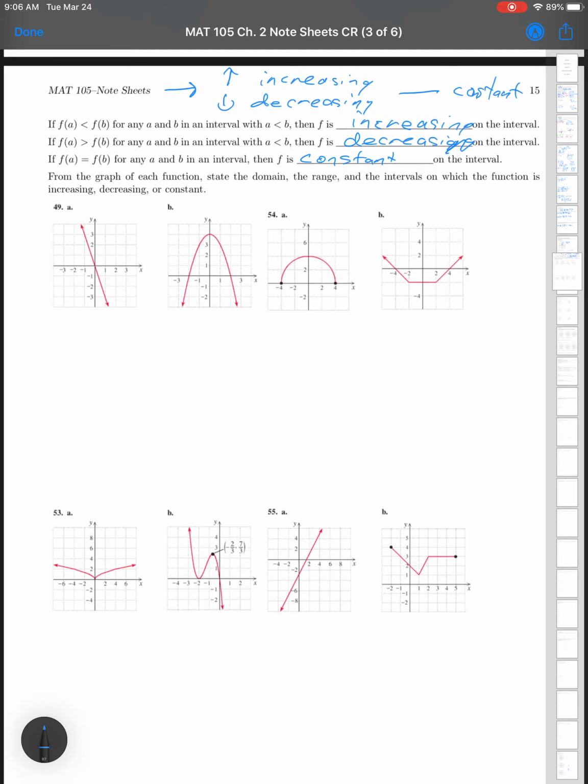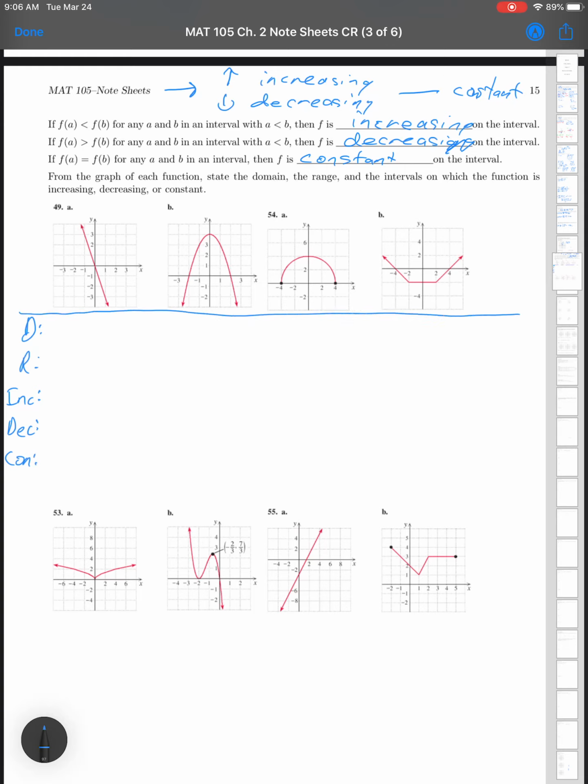So let's start with the thing we already talked about, which is domain and range for each one of these first four. If we look at these graphs, we can do the domain and ranges hopefully fairly quickly based on what we've already done. So I'm just going to list the domains across the top here for each one of these. Then we'll do range, and then increasing, and then decreasing, and then last but not least, we're going to put anywhere that it's constant.